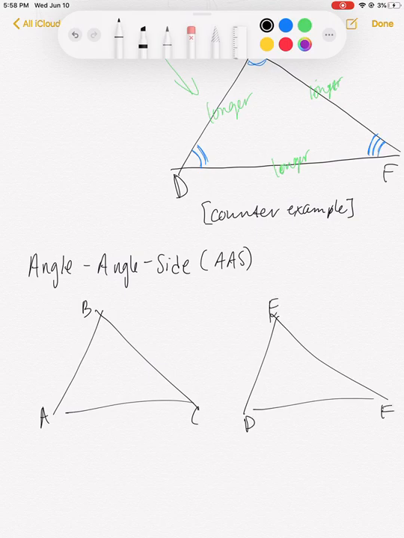We draw these two triangles, and we're going to make correspondences. Pick any two angles and any side. So we'll pick these two angles here, and we'll pick this side here. It cannot be included between the two angles, because that is the next test, angle-side-angle.